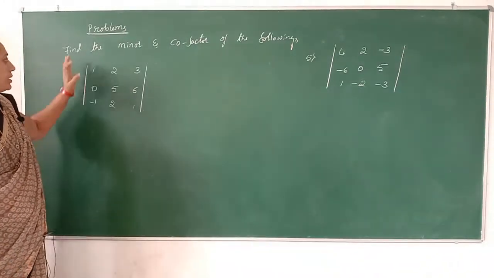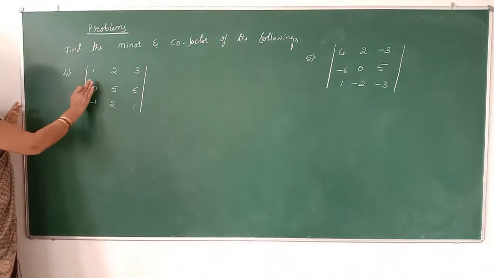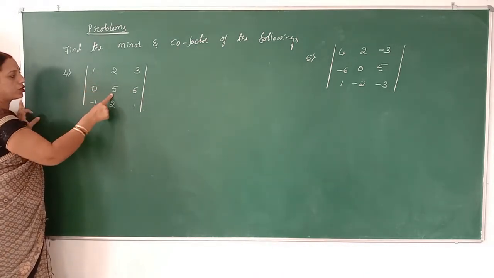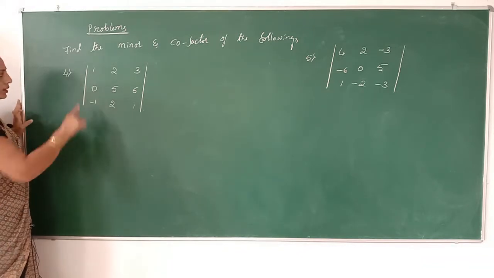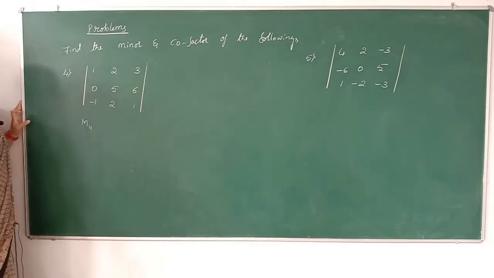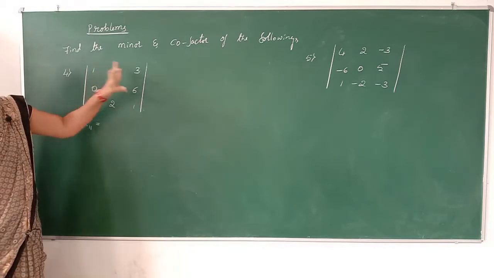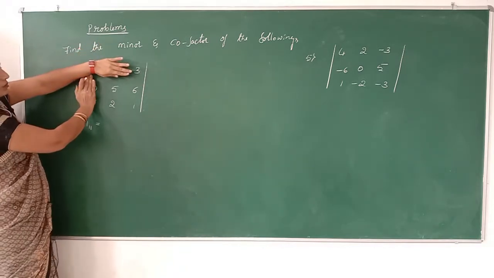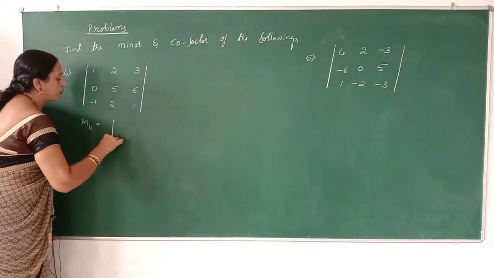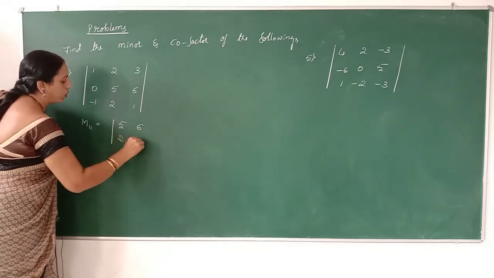Next one. Similarly, find the minors and cofactors of 3 cross 3 determinants. The first problem of 3 cross 3 determinant: 1, 2, 3, 0, 5, 6, minus 1, 2, 1. First, the minor of 1, denoted by M11. M11 means minor of the element in first row, first column, and these elements are neglected and the remaining are represented in a 2 cross 2 determinant, that is 5, 6, 2, 1.